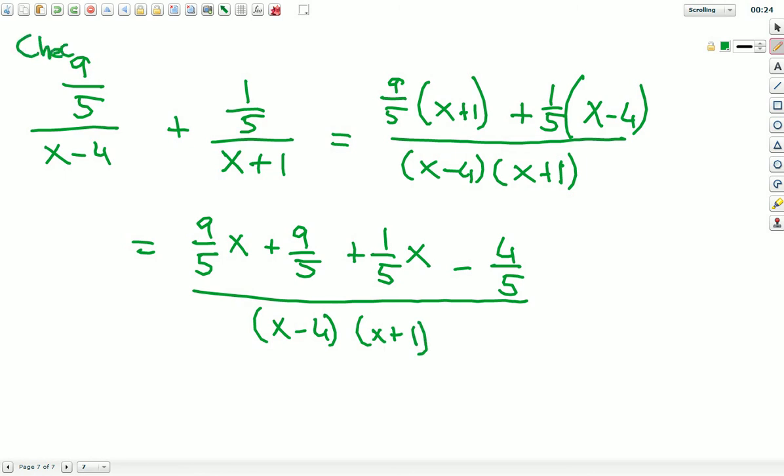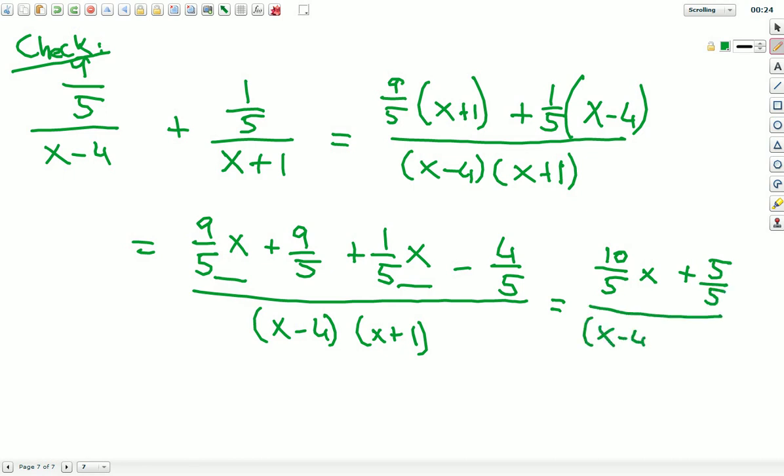Again, here I am checking my answer, just in case you were wondering what on earth I am doing. I'm checking that the sum of these fractions ends up equaling 2x plus 1 over x minus 4 times x plus 1. I collect like terms, and I end up with 10/5 x, by adding 9/5 x and 1/5 x, and then plus 9/5 minus 4/5, which is 5/5.